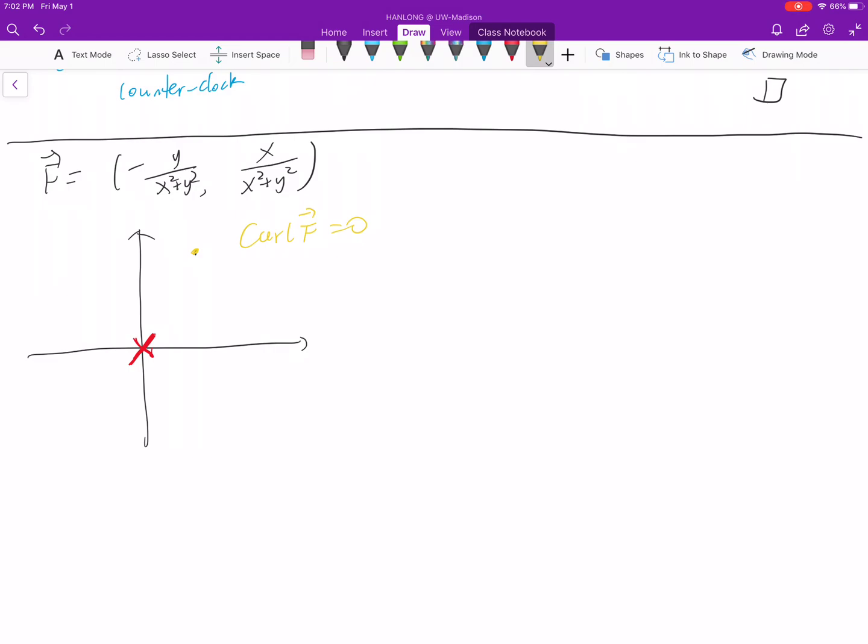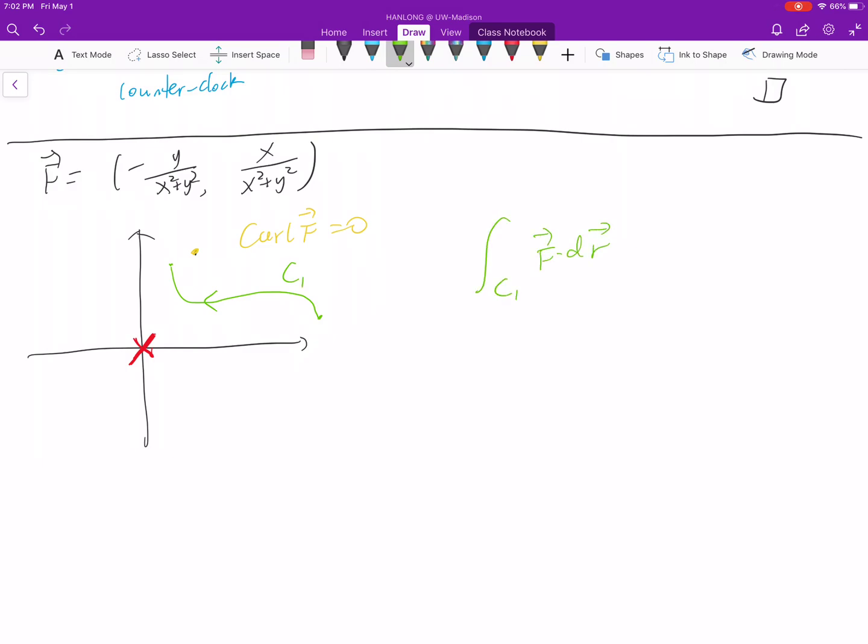Okay, then you will have this kind of stuff. For example, if you have a point here and another point here connected by a curve like this, you can do a small deformation of your curve. So for example, if you want to compute the line integral, this is not closed anymore.